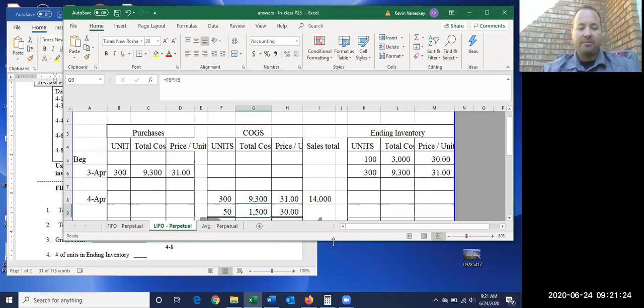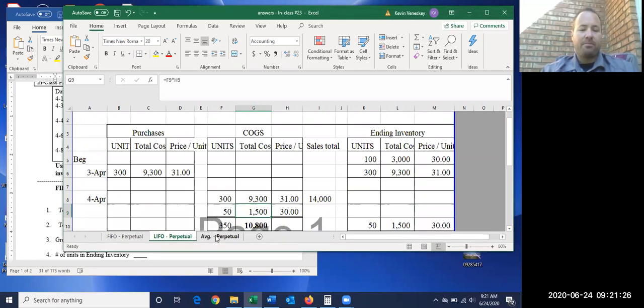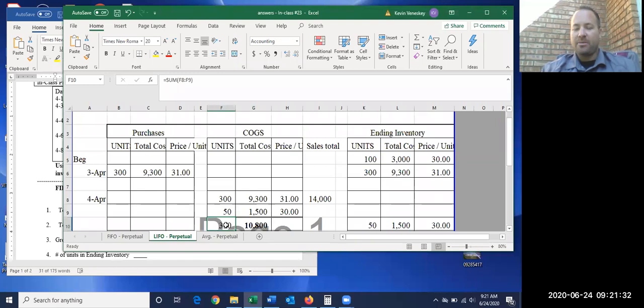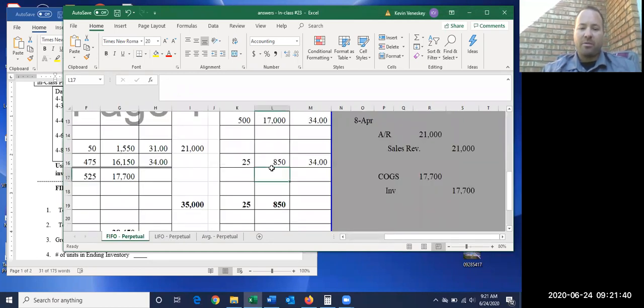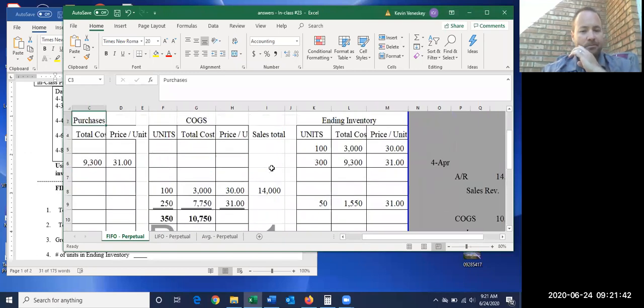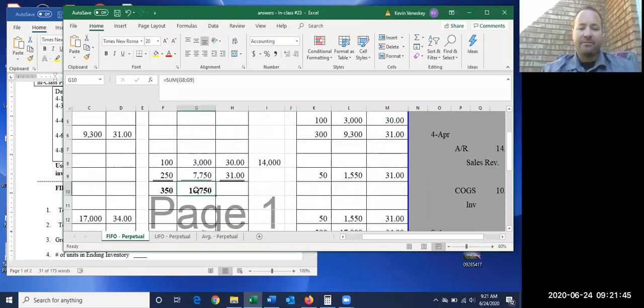So when I come down and add everything up to get ready to do my journal entry, I now have the 350 items, still the same number of items. The only difference is they now cost me $10,800 instead of, remember before it was $10,750. So not a huge change, but over time it starts to add up.